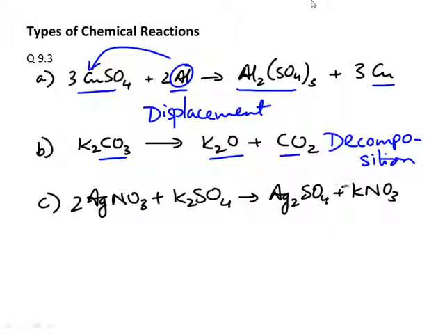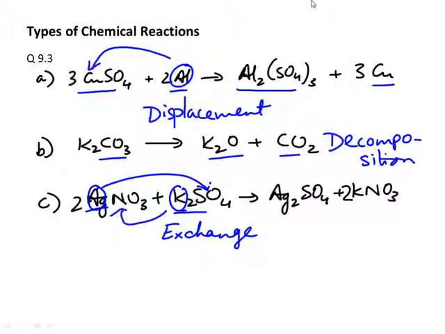Now this reaction is an exchange reaction where both the compounds that we are starting with are exchanging their positions, making new compounds. In the products, silver, the cation of the first, is making a new compound with the anion of the second, and the cation of the second is making a new ionic compound with the anion of the first. So it's an exchange reaction.